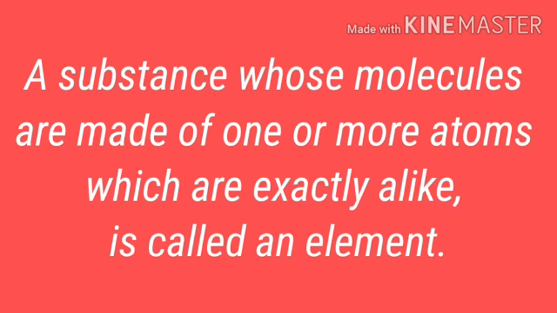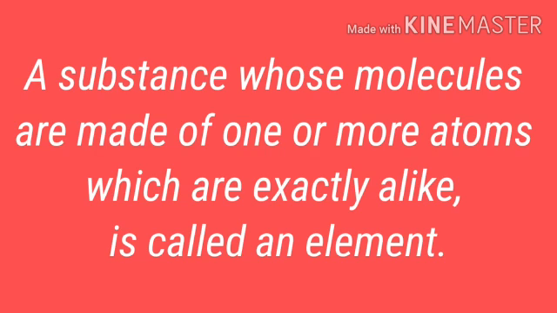A substance whose molecules are made of one or more atoms which are exactly alike is called an element. The smallest particles of elements are made of only one type of atom. We cannot see atoms with our naked eyes, but when crores of atoms come together, their total volume is large enough to be visible to our eyes.